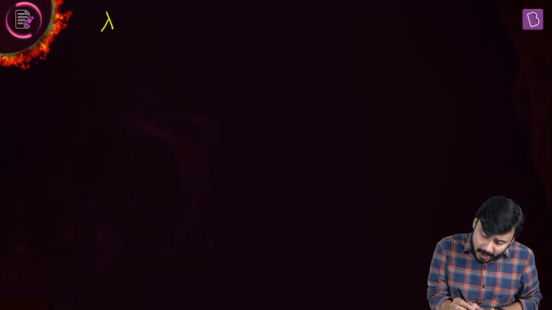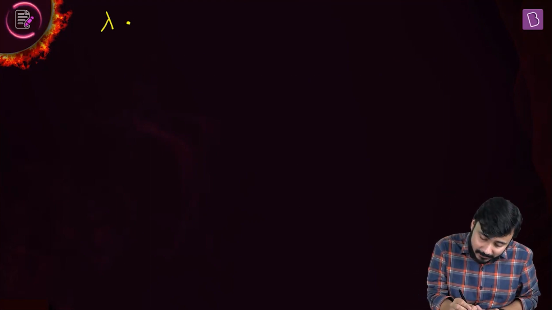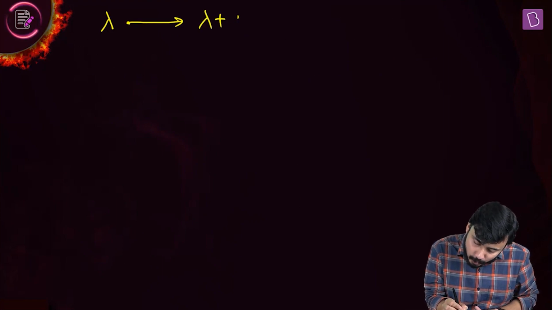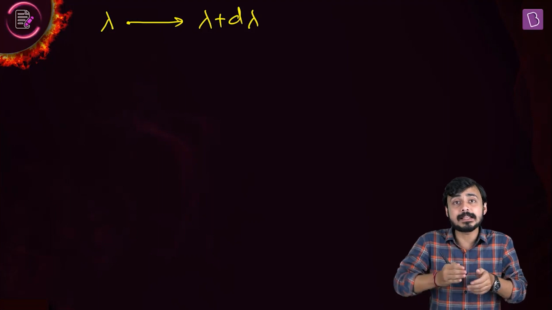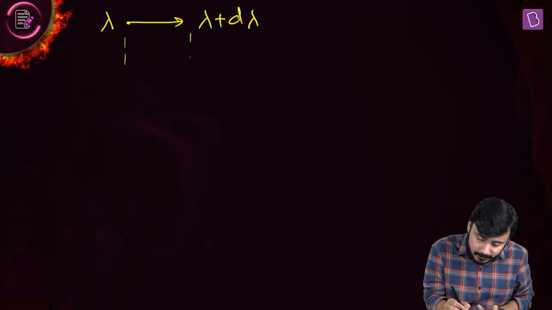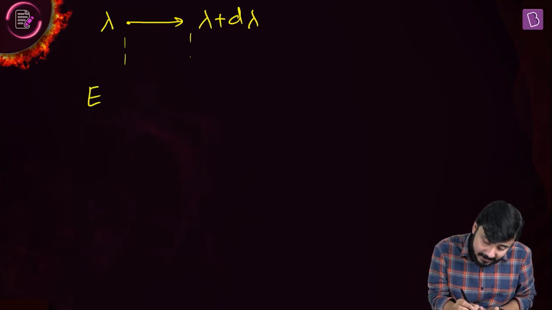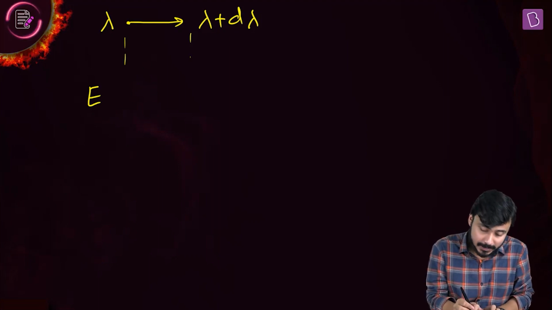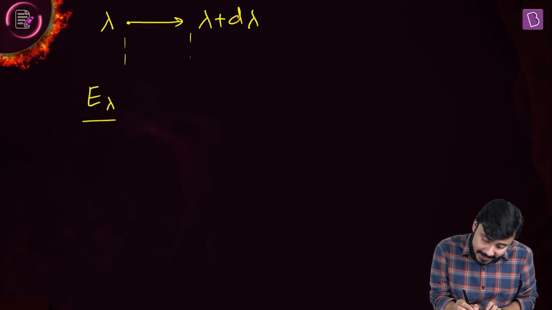So, if a body is emitting and absorbing radiations in between lambda to lambda plus d lambda, that means in this wavelength range, the body has an emissive power, that is E lambda, and an absorptive power, that is A lambda.